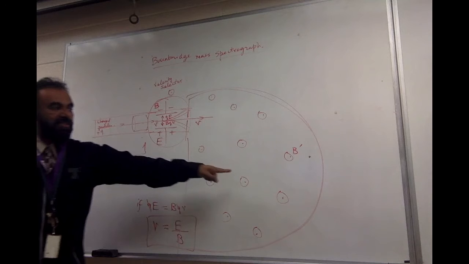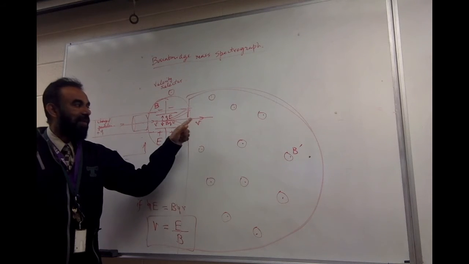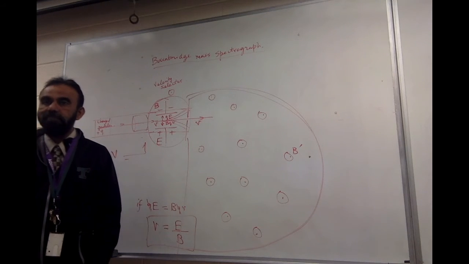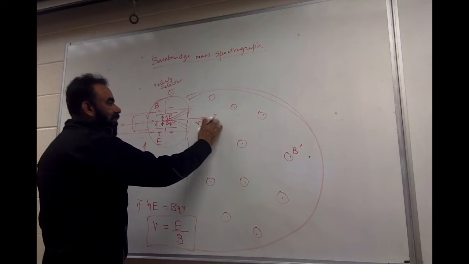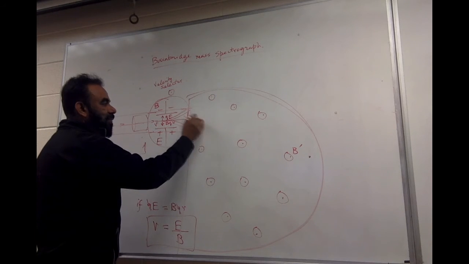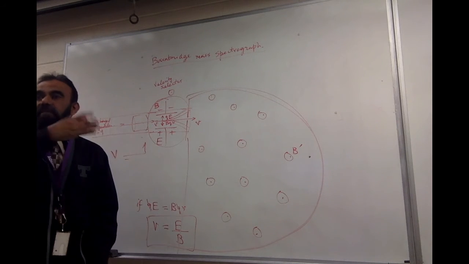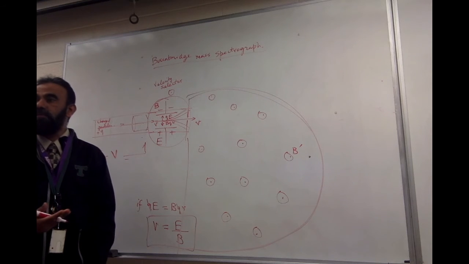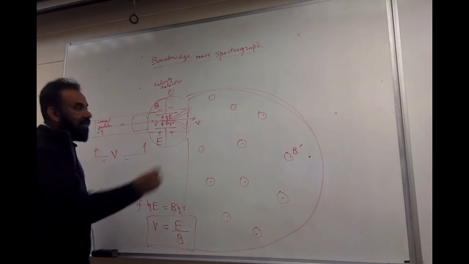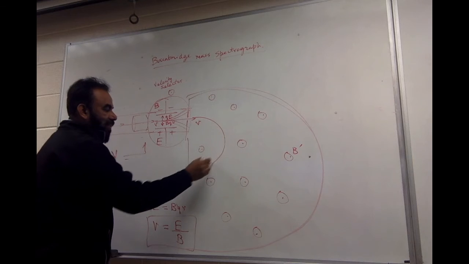So now I'm imposing a magnetic field in here. What will happen to these particles as they enter? They'll get turned into a circular path.